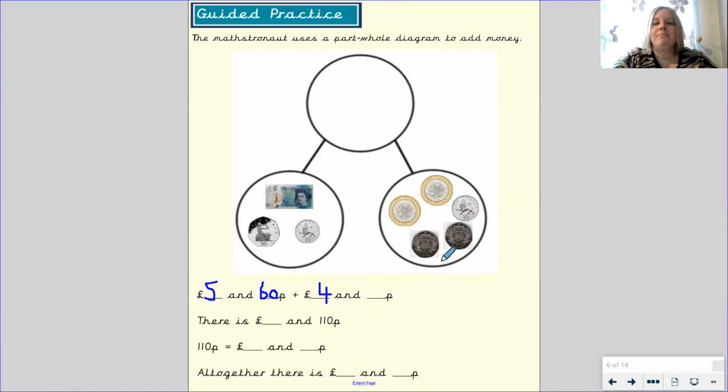If I add my 20p and my 20p, I have 40p. If I add my 10p, I have 50p. So altogether there is £4 and 50p.